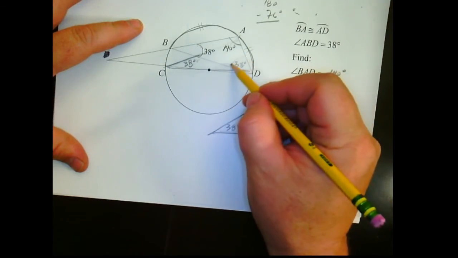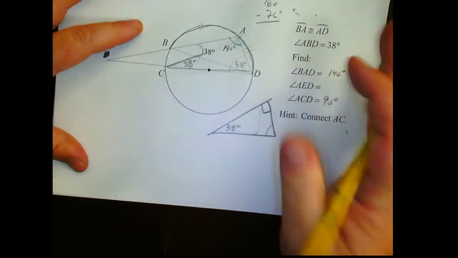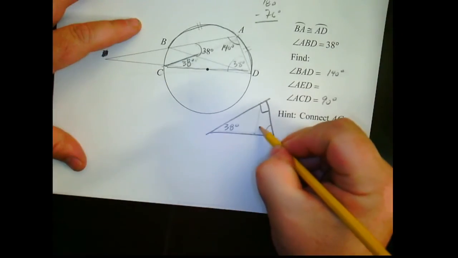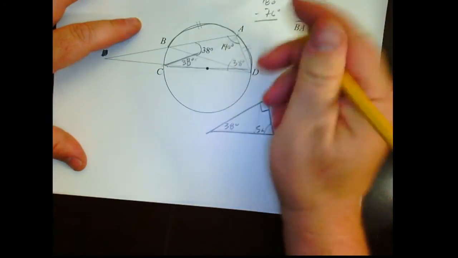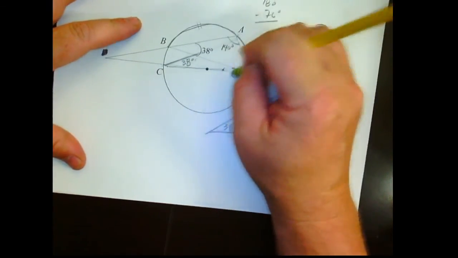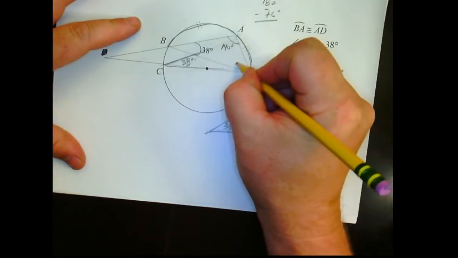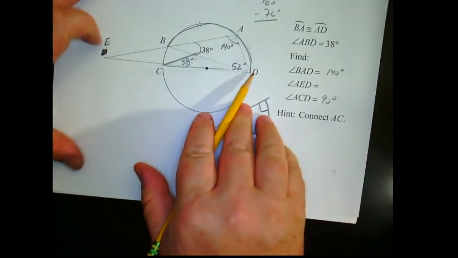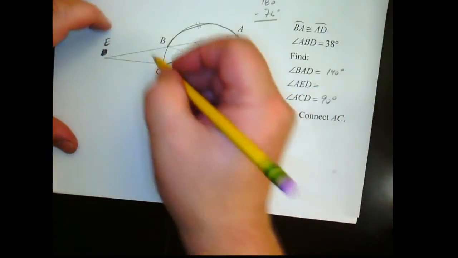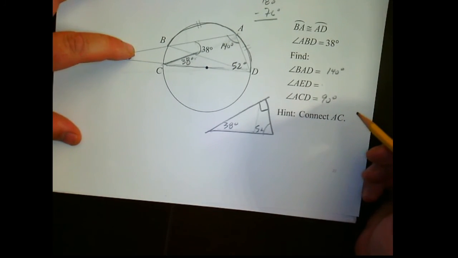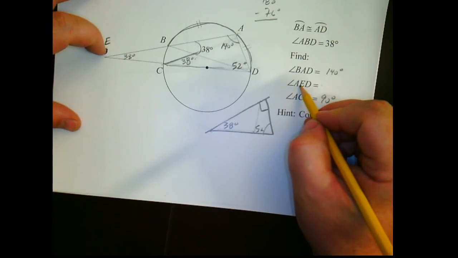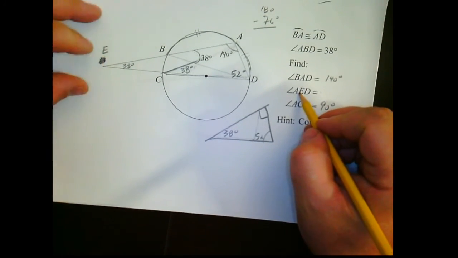So these two have to add up to 90, so this is going to be 52. So this whole thing right here is 52. I don't know if 52 would be the right answer if this was the E and that was supposed to be D. Either way, this one's going to be 38 degrees there too. I'm not sure which was really E and which was D. I kind of made it up, but we got the idea.